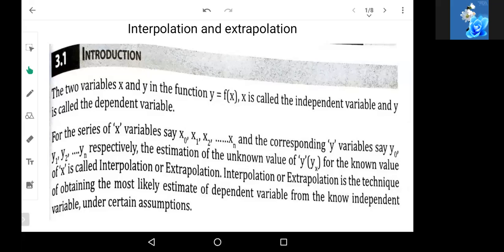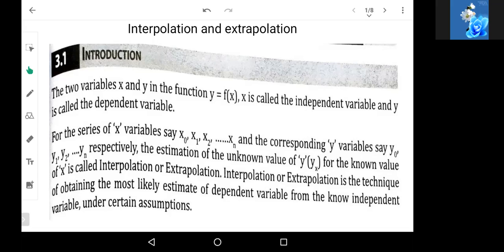So for a series like this, the estimation of the unknown value y for the known value x is called as interpolation. Now we told x is an independent value, so there is no dependency on anybody. But y will get influenced by x. Y will take the help of x to get the value. So what is interpolation or extrapolation?